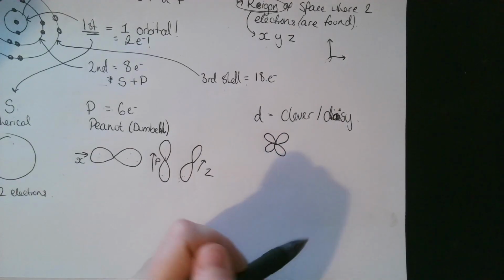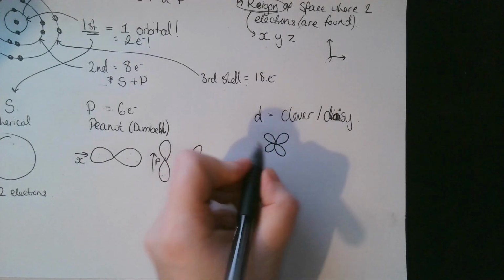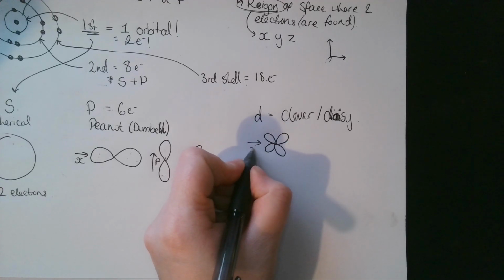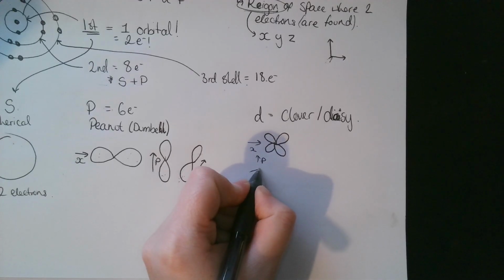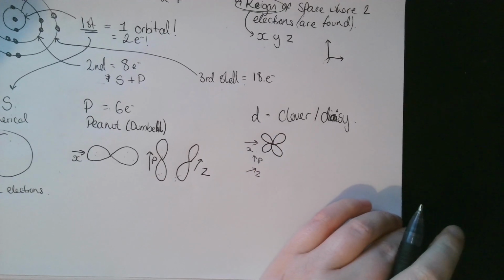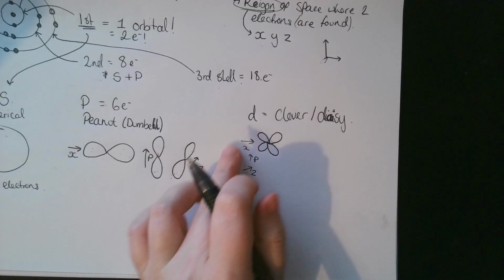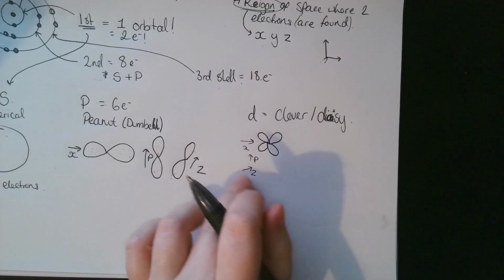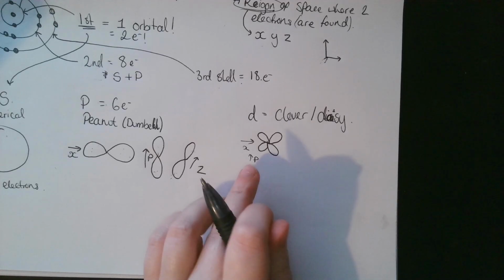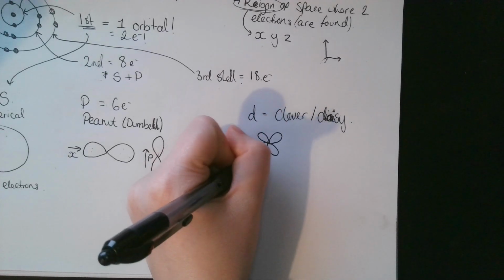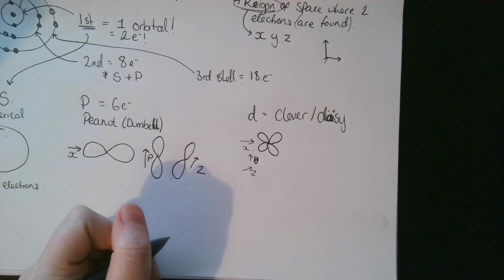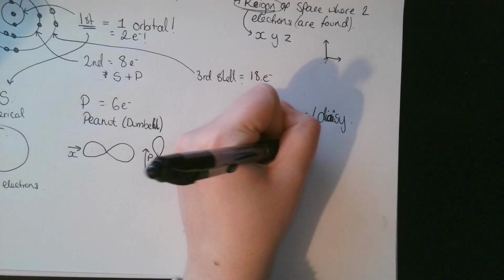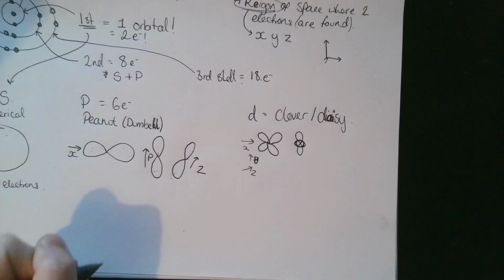It can still lie on the axis, so we can still have it in the direction of X, in the direction of Y, in the direction of Z. We can also have it in between the vectors, so going X, Y. And there is a fifth magical one, which looks like a P orbital with a life jacket around it.